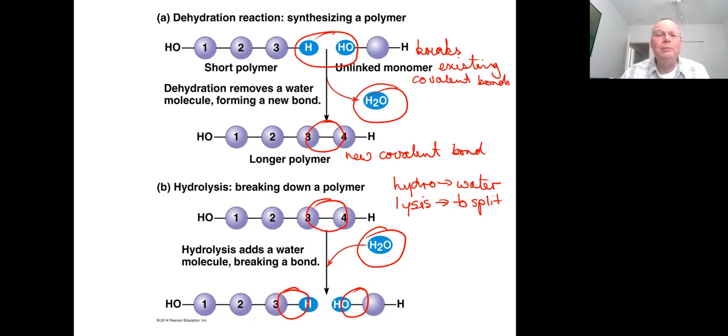So if all the proteins in all of the organisms on the planet are built out of just the same set of 20 amino acids, how does that lead to diversity of life? Well, there are essentially an infinite number of ways of assembling those amino acids together to form proteins. And it turns out that each organism may share some proteins in common with other organisms, and this is not unusual, but every type of organism also has its own unique types of proteins. And that's what allows for the diversity of life.